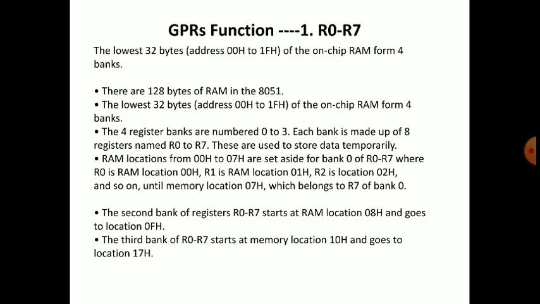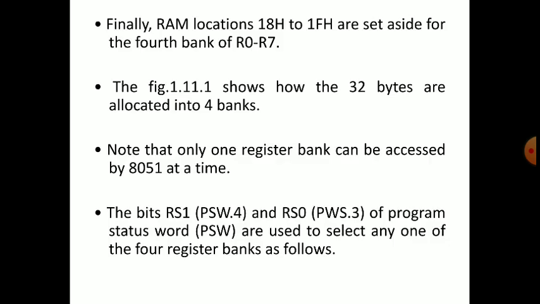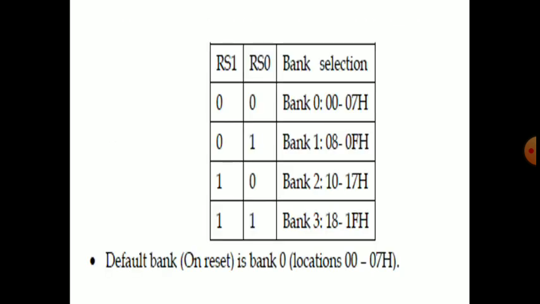Keep in mind the registers R0 to R7, how they are arranged in the internal RAM, what is the address range, right? Particular 32 bytes of internal RAM in 4 banks, and the RS0 and RS1 register bank selection bits. In the earlier part you can remember these things easily, but as we move on to the next chapters it will be hectic.